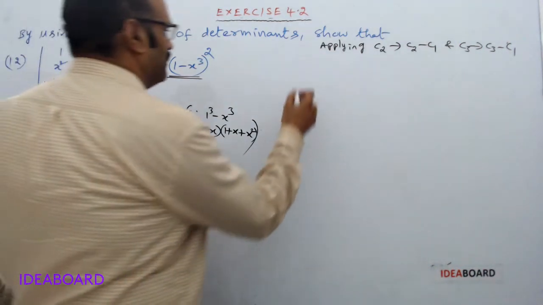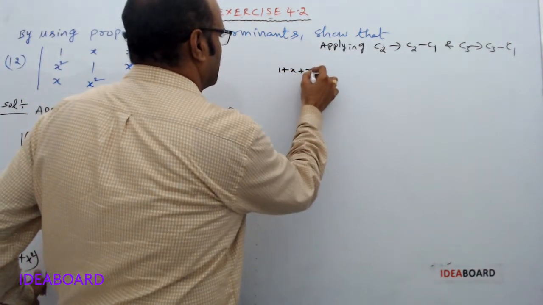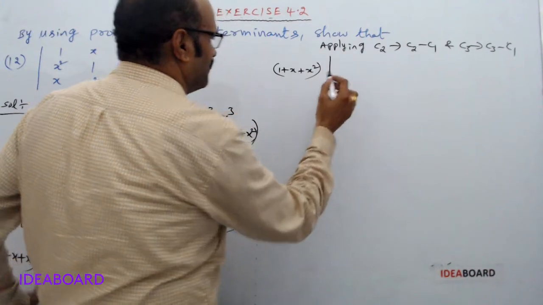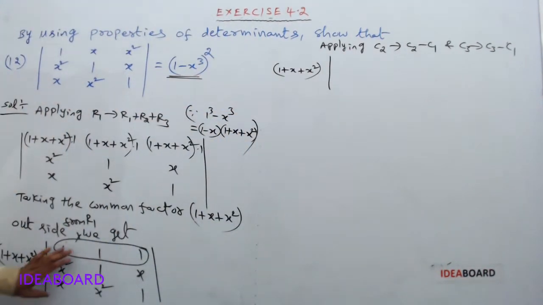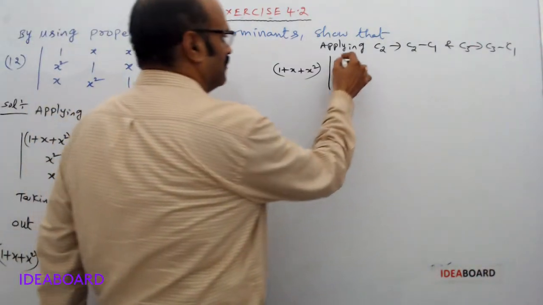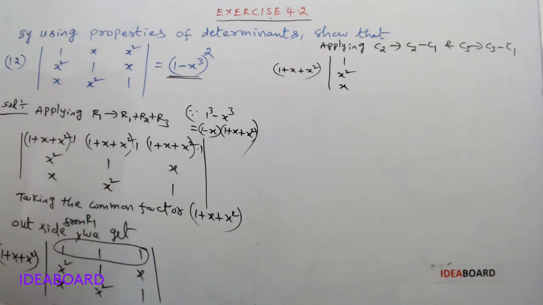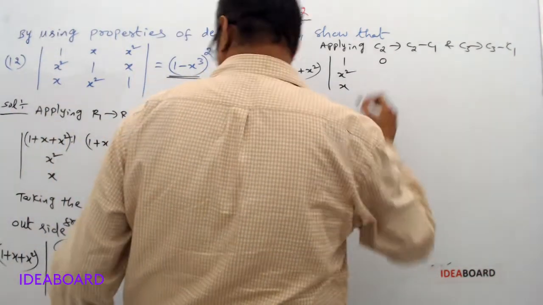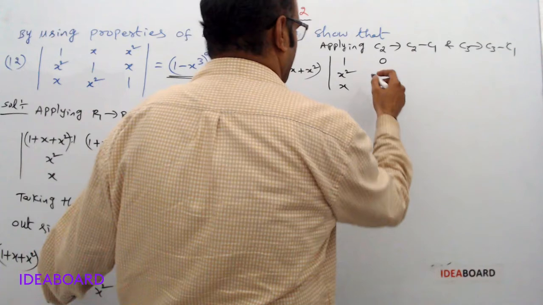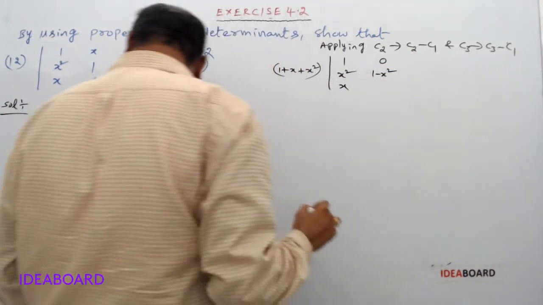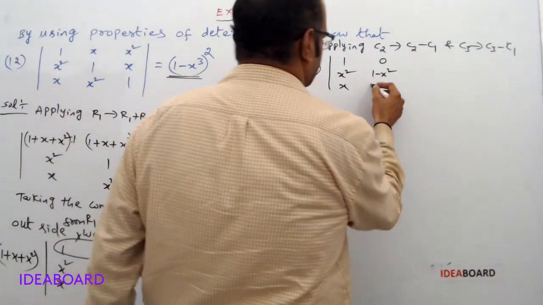Now 1 + x + x² into the determinant of, here C1 is 1 x² x. C2 changes to C2 minus C1: 1 minus 1 becomes 0, next 1 minus x², x² minus x.